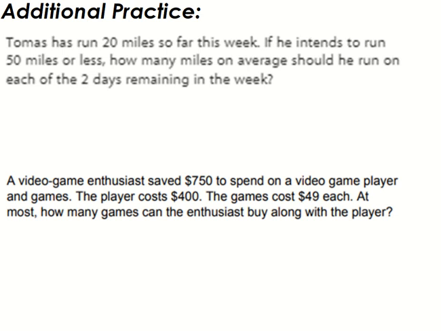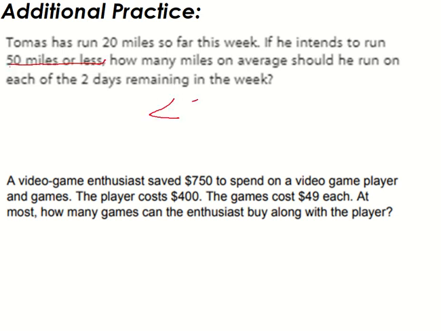Okay, maybe pause and try this question about Thomas, and then push play to see if yours matches mine. So we've got Thomas who has run 20 miles so far this week. If he intended to run 50 miles or less, how many miles on average should he run on each of the 2 days remaining in the week? So he wants to run 50 miles or less.